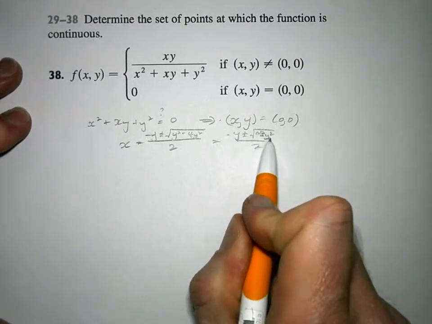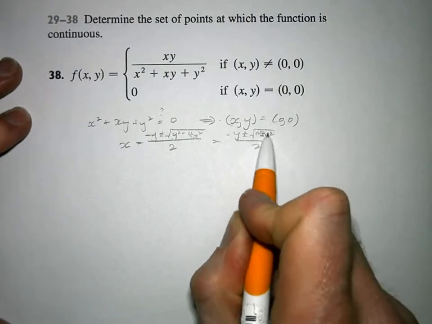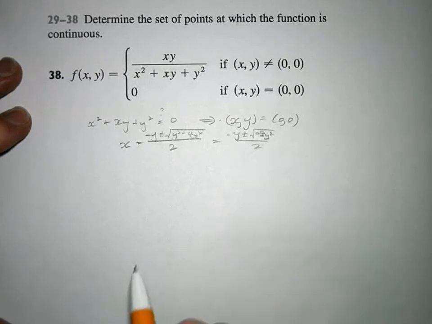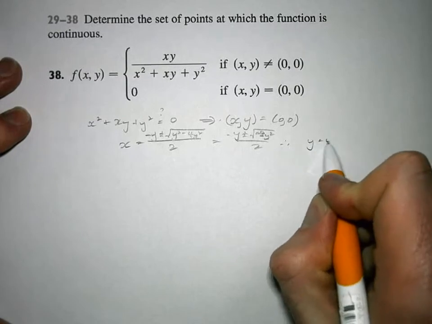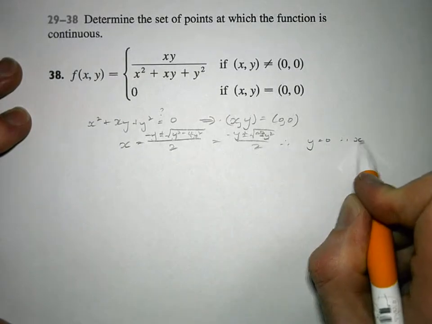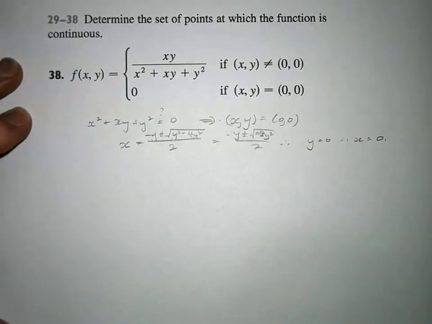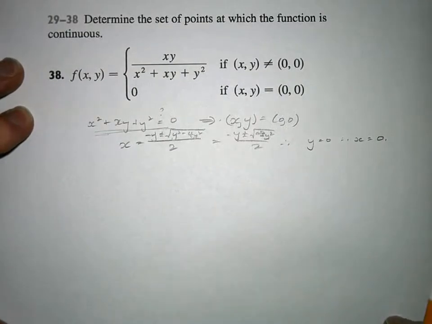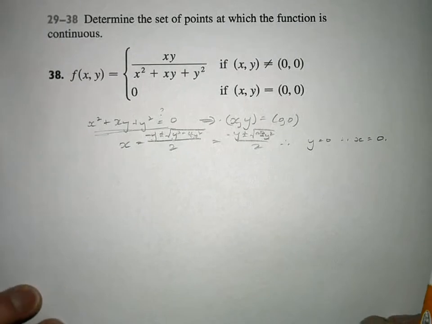Now here we've got a negative 3 times a non-negative number. The only way for us to not have the square root of a negative number is for y to be 0. So therefore y is equal to 0, and therefore x is also equal to 0. But like I say, if you've got a simpler way of showing that this thing has only those two solutions, please do come and show me.